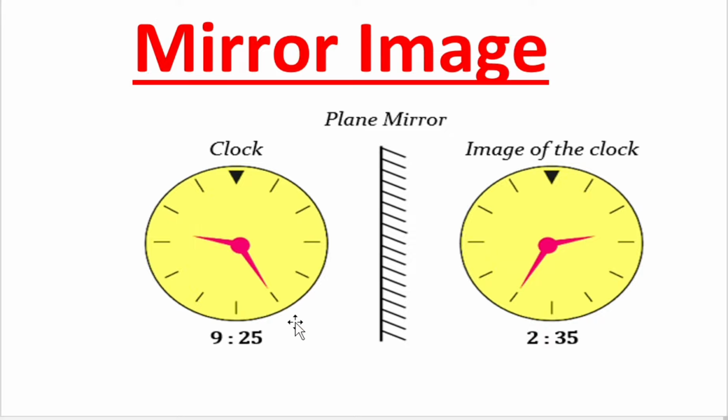So if you place a clock in front of a mirror, there will be a reflection of another image. If you place a 9:25 clock in front of a mirror, you will get a 2:35 timing image from the mirror. Sometimes it will be difficult to find the exact answer.